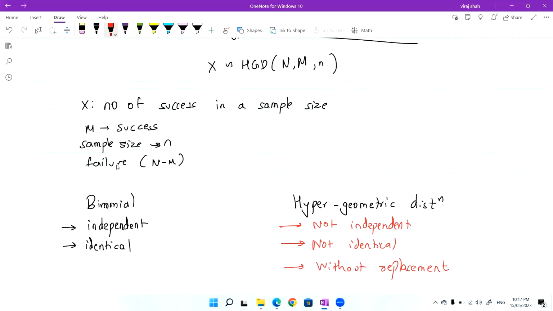Because from your first vaccine, you understood the deficiencies it had. You tried to correct it and develop the second vaccine. So the second vaccine being a success has a higher probability. So there are several cases where you cannot assume that the probability is same. What you do in the first, what you do in the second, it won't be same. So in some cases, it is not independent and not identical.